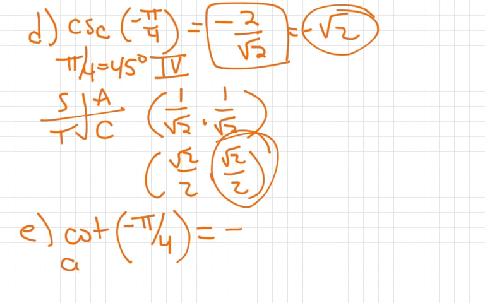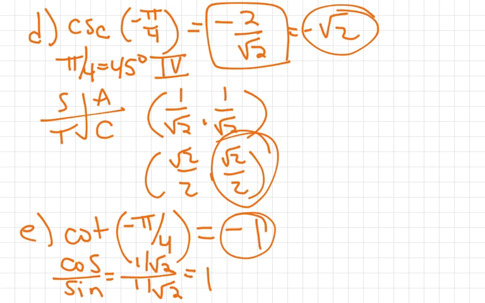Cotangent is going to be cosine over sine. So cosine over sine, you're going to find out is 1. And since it's in the fourth quadrant, it's going to be negative 1.